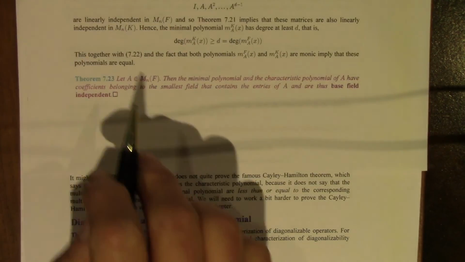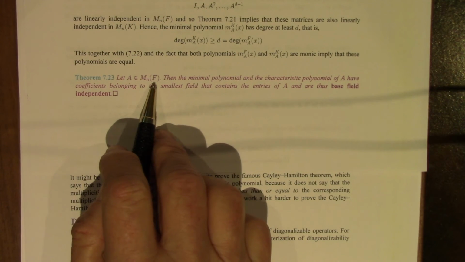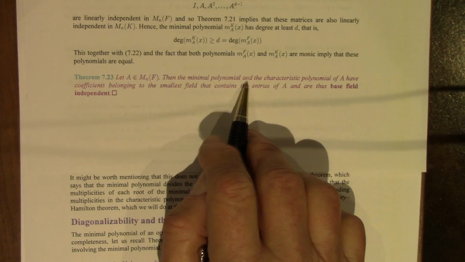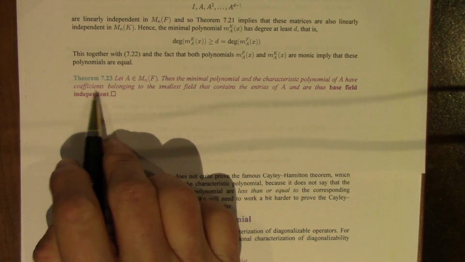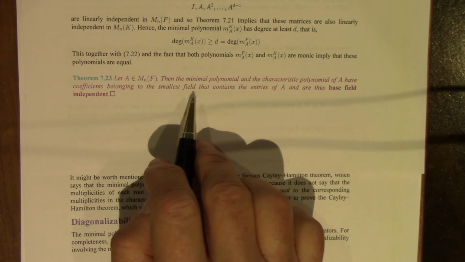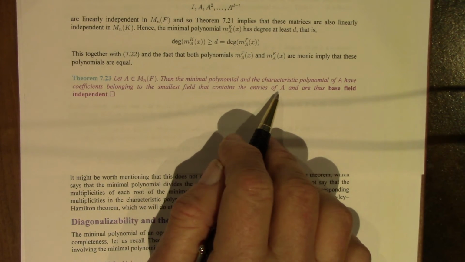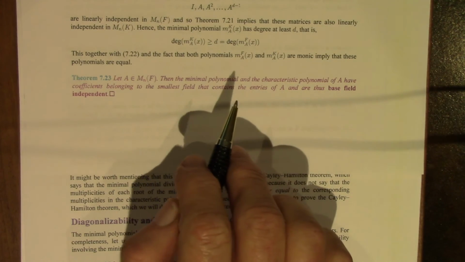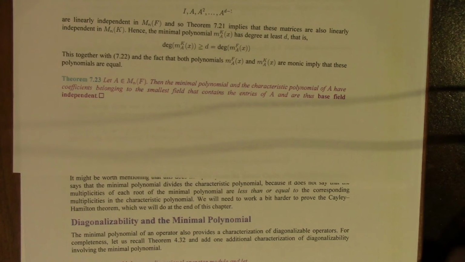So let A be a matrix over F, then the minimal polynomial and the characteristic polynomial of A have coefficients belonging to the smallest field that contains the entries of A. And so they are both base field independent.